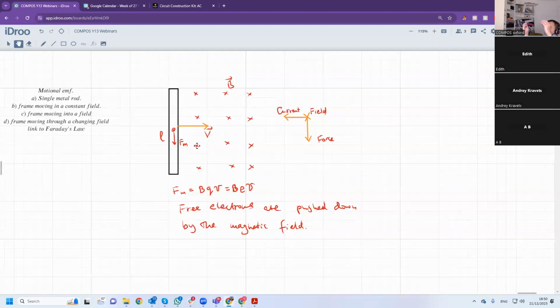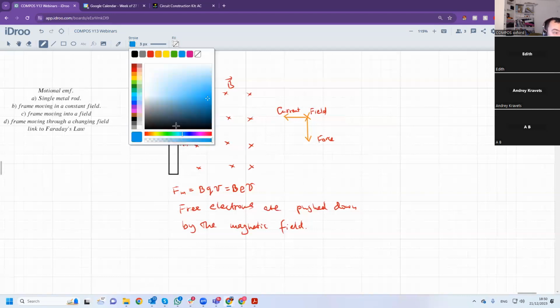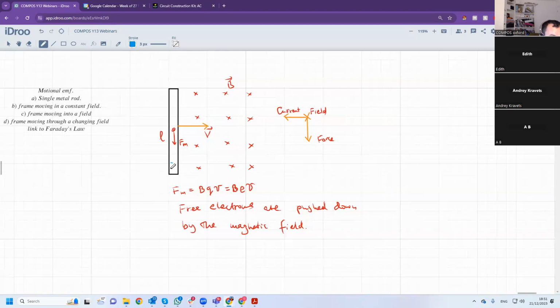Okay, so we have electrons which are moving through a field. That means that is current, and so they will be pushed down. It is like the Hall effect, a slightly different version of the Hall effect. Pushed down by the magnetic field, the electrons will gather on the bottom end of the rod. So the bottom will become negatively charged because the electrons are being pushed down.